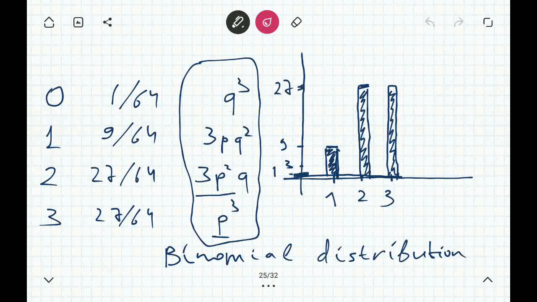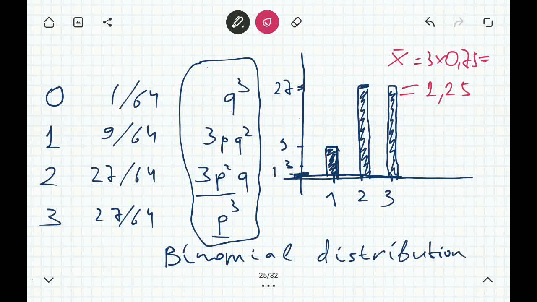So my mean value is 3 times 0.75, and it's 2.25. So it's somewhere here, closer to 2 than to 3.